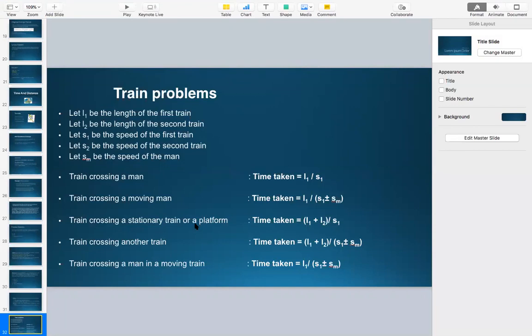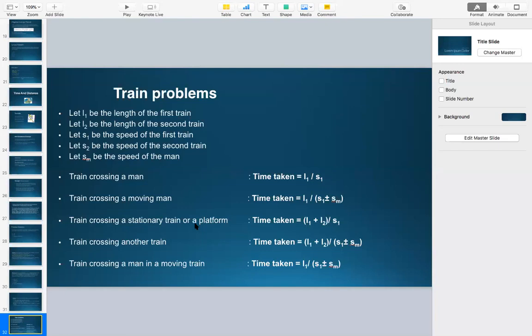You must have observed, if you have done train journeys in your life, that if there is a train coming in from the opposite direction, the two trains cross each other very quickly, right? But when the two trains are moving in the same direction, it actually feels like you can jump into the second train.